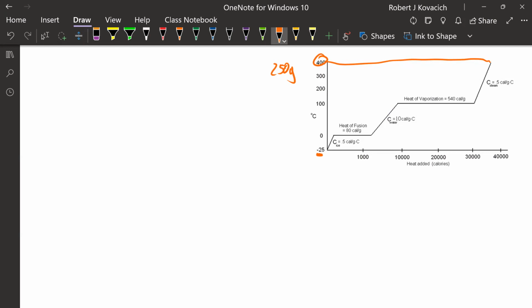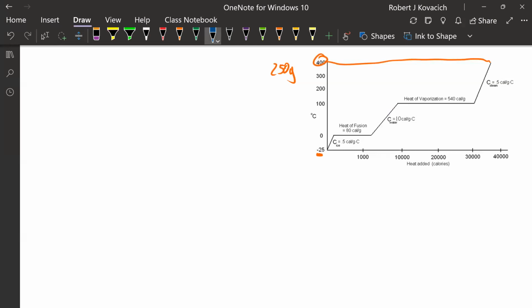All right, so we're actually going to need to do 5 separate calculations, and then we will add all of those calculations up. So let's go ahead and start off with, we're gonna heat the ice, so make the ice jiggle faster. And so we're going to go from negative 25 up to 0, because we know that's where the water is going to be melting.